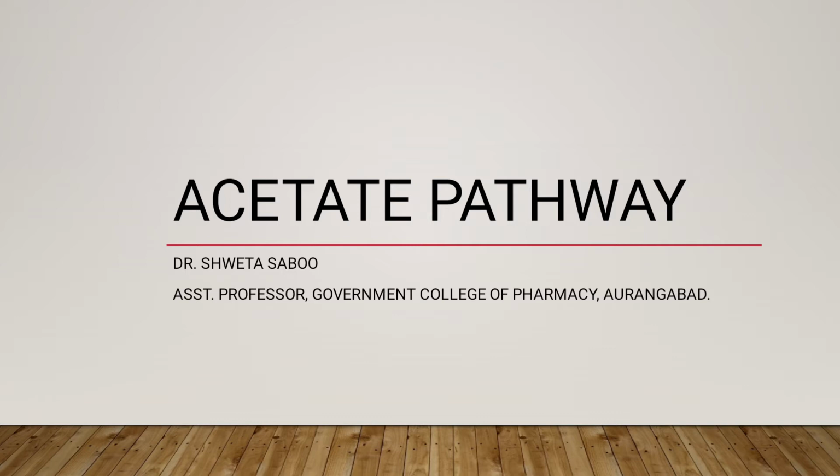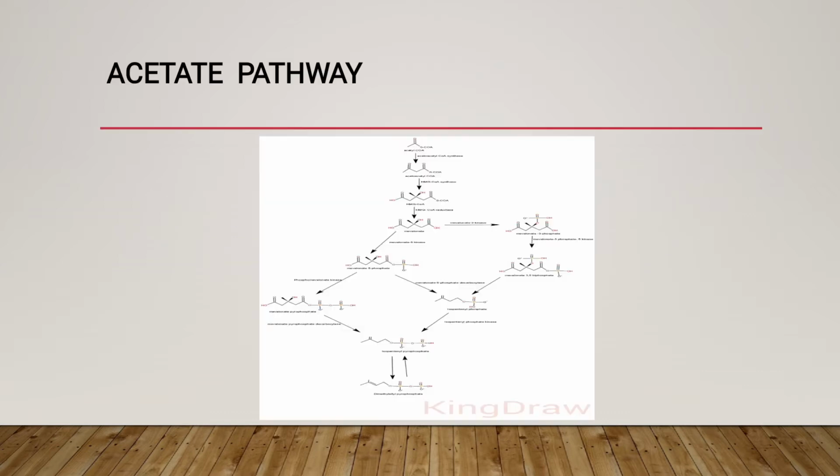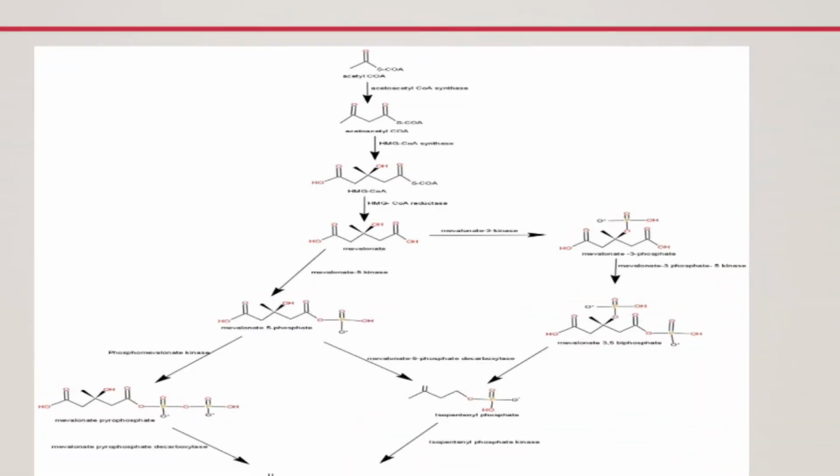First, we can see what the steps in this pathway are. Acetic acid combines with coenzyme A to form acetyl-CoA, that is acetyl coenzyme A. What is the starting material?